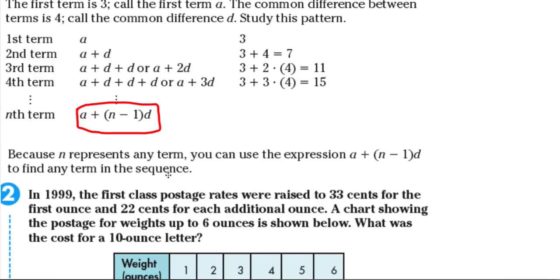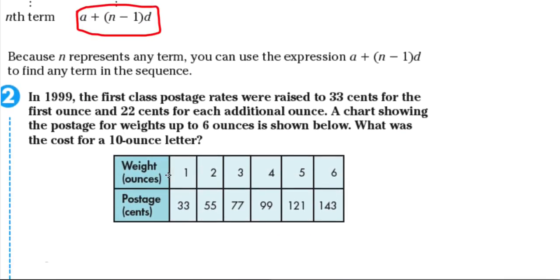So how do we use this particular formula? Let's take a look at this example. In 1999, the first class postage rates were raised to 33 cents for the first ounce and 22 cents for each additional ounce. A chart showing the postage for weights up to 6 ounces is shown below.